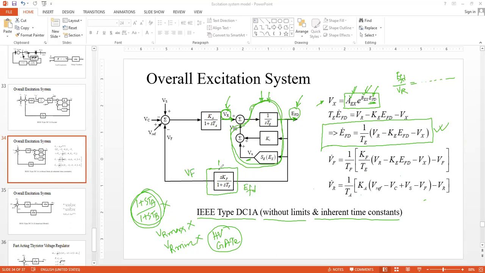So again, for this block, we can write in a similar manner. We can write VF over EFD equals SKF divided by 1 plus STF. Again, if we cross multiply and simplify, then we should get this one.